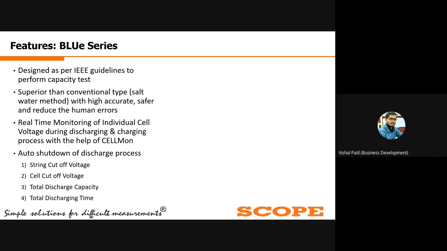And if the discharge process has been stopped due to the cell cutoff voltage or string cutoff voltage, then you can replace the weak cells and continue the test. So continued test mode is available in our battery loading units.